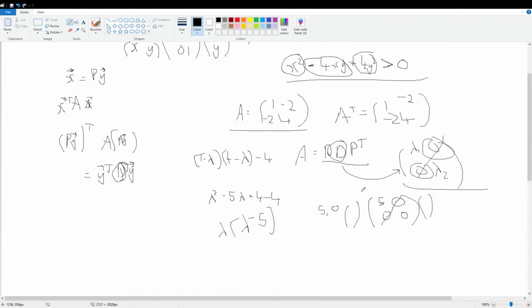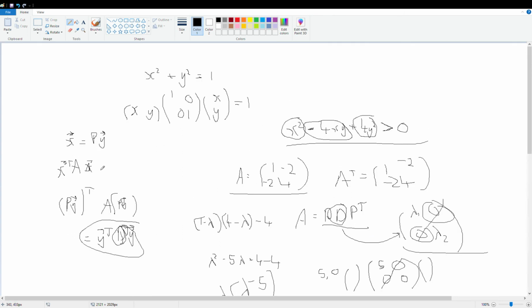I think what we end up with is something to the effect of 0 y1 squared plus 5 y2 squared. And that must be non-negative, because the only terms in there are non-negative. And if that is equal to this, and this is equal to that, then this is always non-negative.